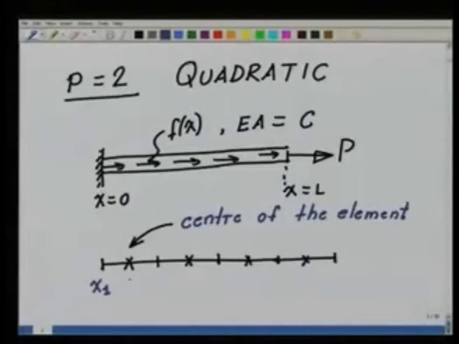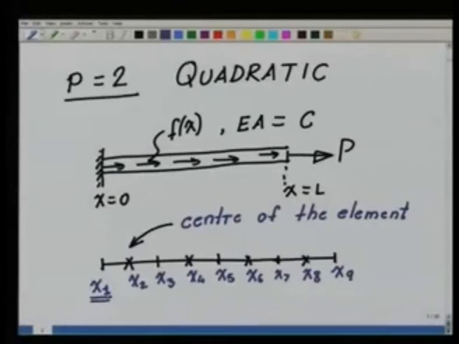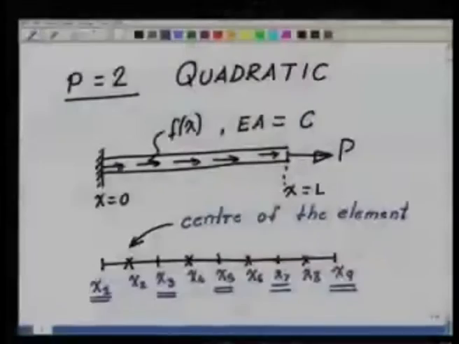We will give them names. This is point x1, this is point x2, this is x3, x4, x5, x6, x7, x8, x9. What you should note is that the extremities of element 1 are the points x1 and x3. Extremities of element 2 are the points x3 and x5. Extremities of element 3 are x5 and x7. Extremities of element 4 are x7 and x9.